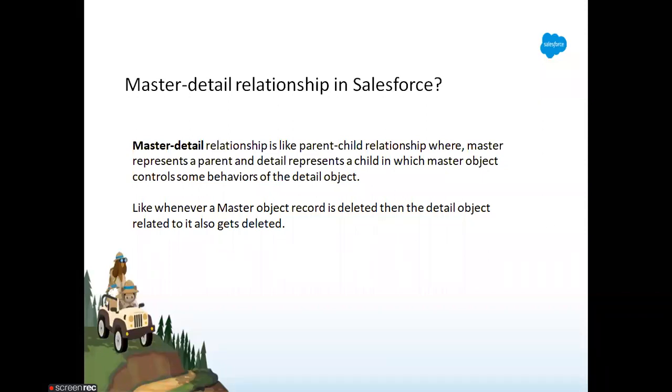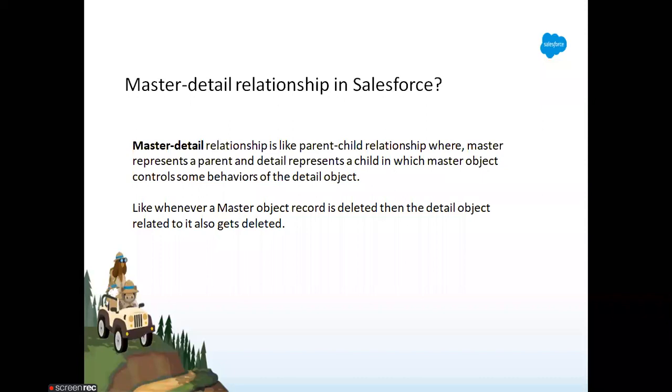That means in master detail we have one parent and the child. In the master detail relationship, master basically controls the behavior of its dependent detail object.